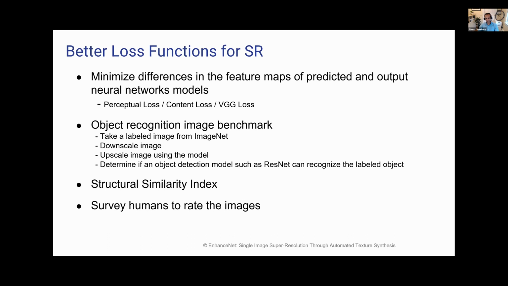If it can recognize the object, that's considered to be a better model. So that's a quantitative way of testing how good the model is. Or you have humans rate different images. There's something called the structural similarity index, and perceptual loss, content loss, so VGG loss. So these are all replacements for MSE as a loss function.